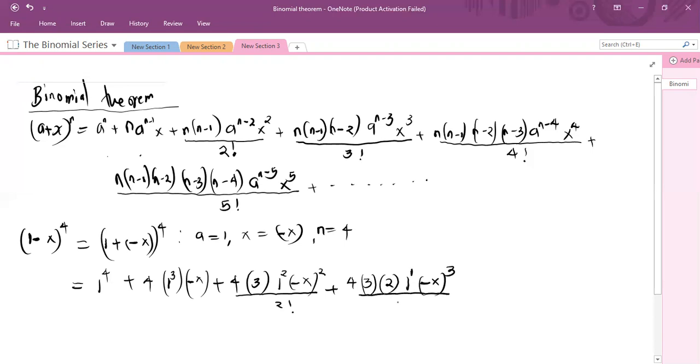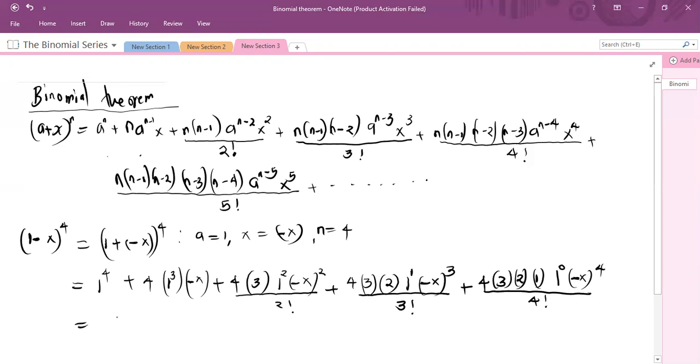And all this is divided by 3 factorial. And finally, just following the same method, we will have 4, then we will have 3, then we will have 2, then we will have 1. And then 1 will now be raised to the power 0 as the powers of 1 are decreasing, and minus x will now be raised to the power 4. And all this is divided by 4 factorial.